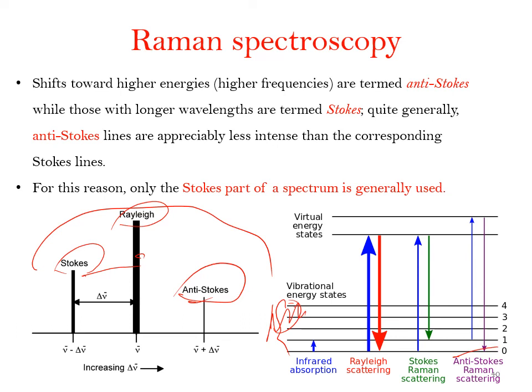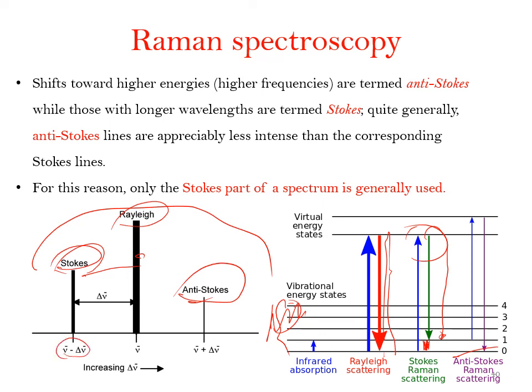on the ground state. As you can see, Rayleigh results in the same vibrational energy state, whereas with the Stokes, when an electron returns to the ground state, it could stay on different vibrational energy states on the ground, and this difference in energy is called the Stokes energy or Stokes frequency.